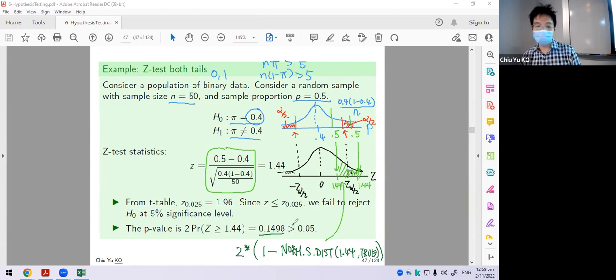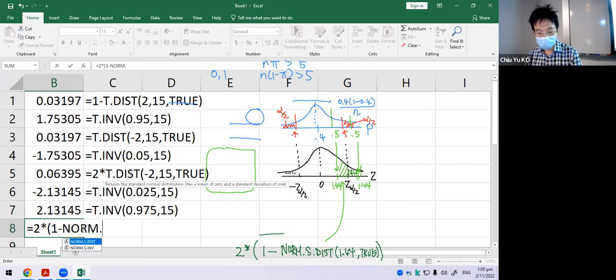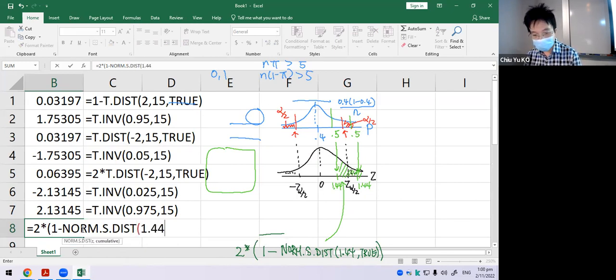So you can't reject using 5%, 10%, or 1%. And let me show you the formula. This is 14% in Excel: 2 times (1 minus norm.s.dist of 1.44, true).